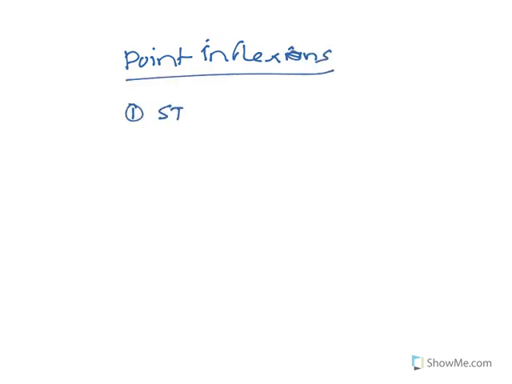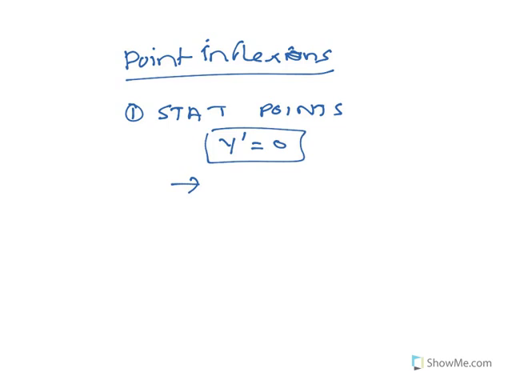So to actually find points of inflection, they'll come up in two places. They'll come up with your stat points. Any horizontal inflections will come up when y dash equals 0. And you determine the nature, you'll get your horizontal point of inflection.